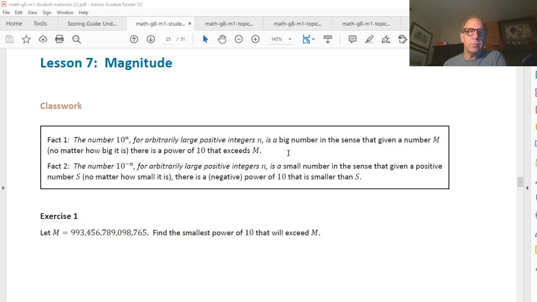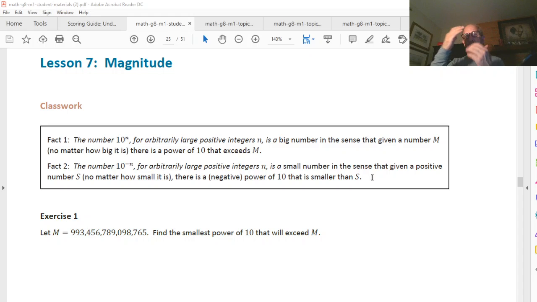Okay. Fact 2 is the opposite. If you have a small number, then 10 to the negative power gets smaller. So given a positive number s, no matter how small it is, there is a negative power of 10 that is smaller than s.